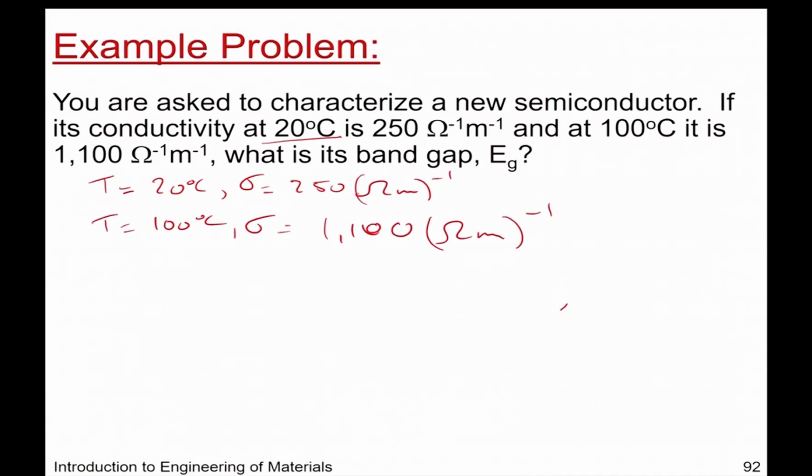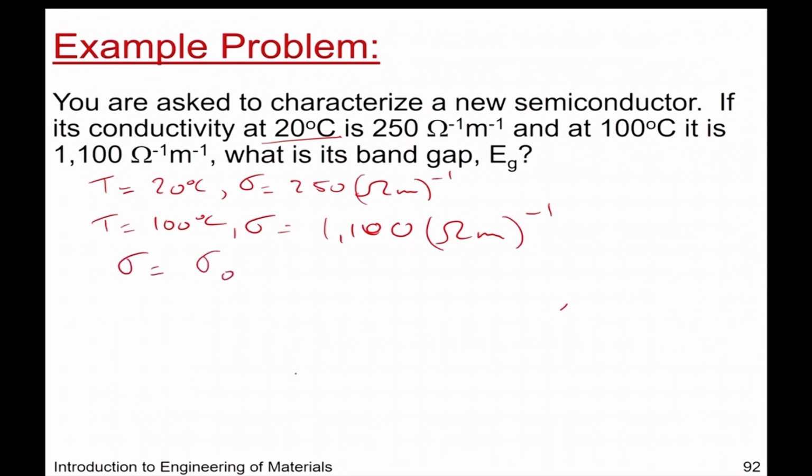Well, now you have to solve a system of equations very similarly to how we solved diffusion type equations, as well as getting diffusivity values, things like that. So you know that your conductivity is going to have some prefactor.